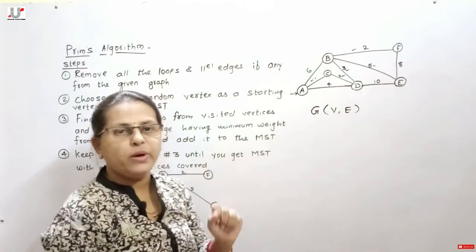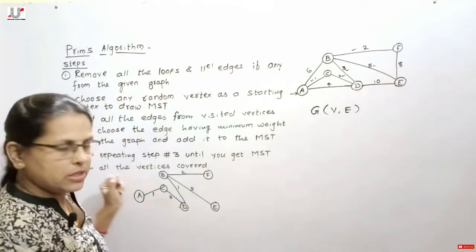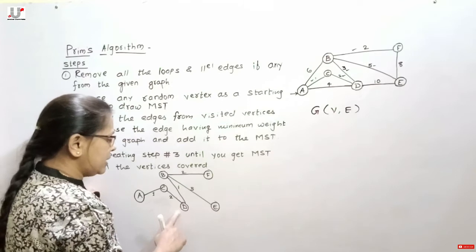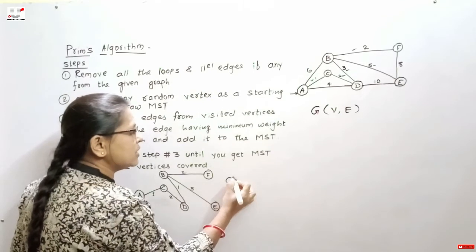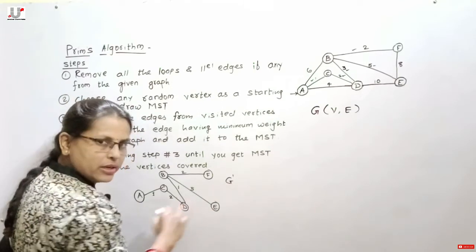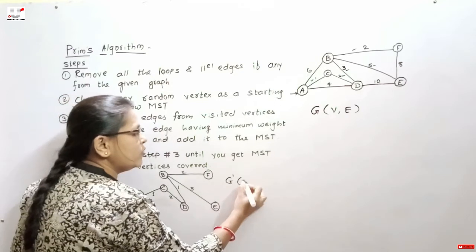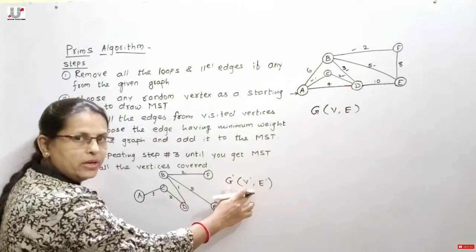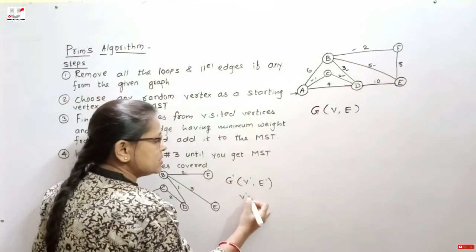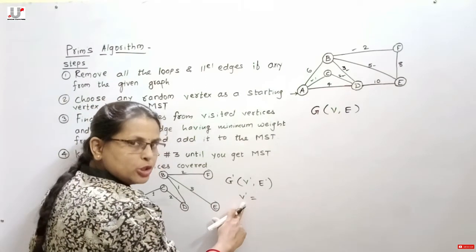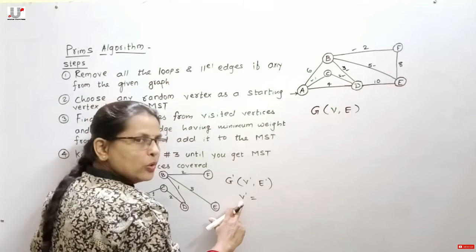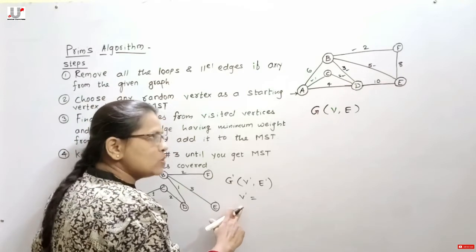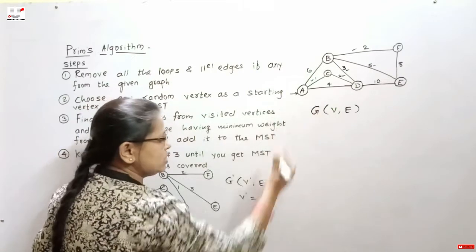So what are the properties of a minimum spanning tree? Minimum spanning tree is denoted using G dash. G dash indicates the minimum spanning tree with V dash and E dash, where V dash means it should include all the vertices that are present in the original graph.